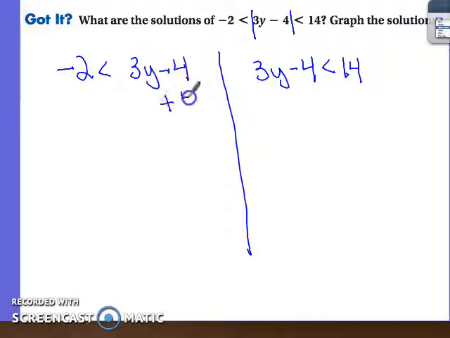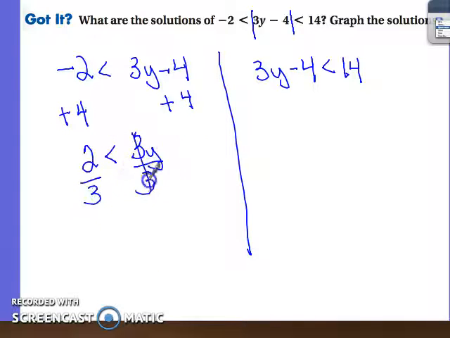Here I want to add 4 to both sides. -2 plus 4 is 2, is less than 3y. Then I'm going to divide both sides by 3. That gets rid of my coefficient, so y is greater than 2/3. I will keep it as a fraction.